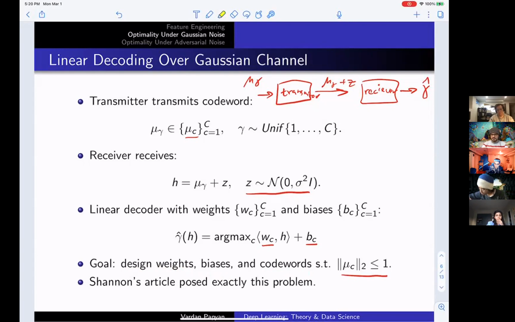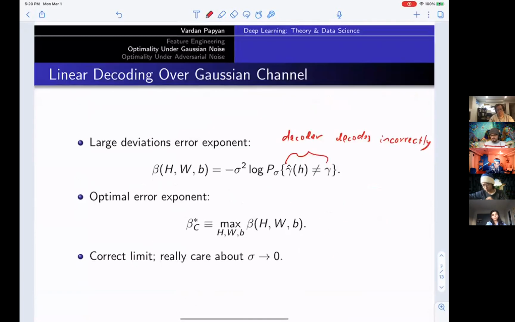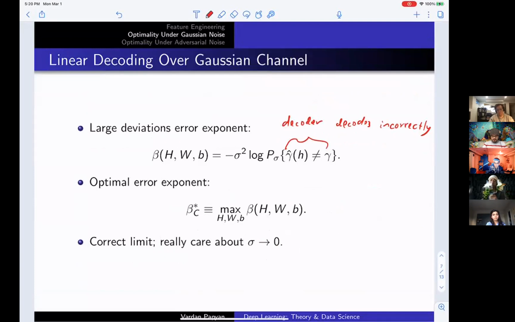Maybe I can define it more clearly here. The problem is defined here. The problem is for you to find optimal, I guess this should be M, not H. Find the optimal weights, the optimal biases, and the optimal class means that would minimize this large deviation exponent error.